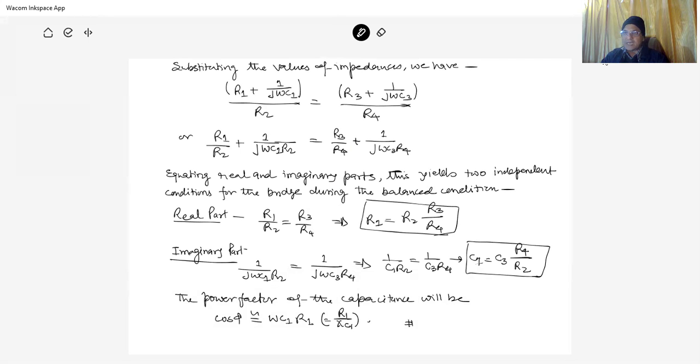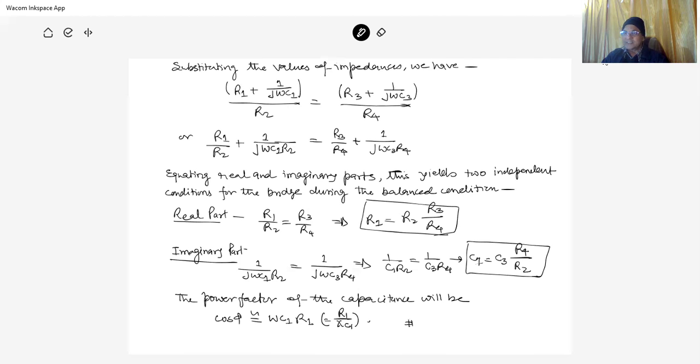Simplifying this equation, R1 upon R2 plus 1 upon j omega C1 R2 is equal to R3 upon R4 plus 1 upon j omega C3 R4. Equating real and imaginary parts, this gives two independent conditions for the bridge during the balance condition.